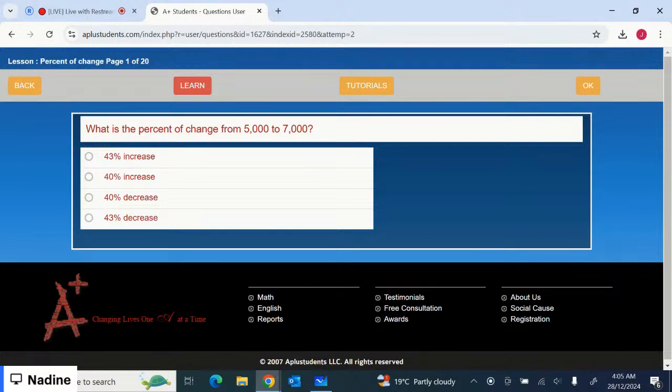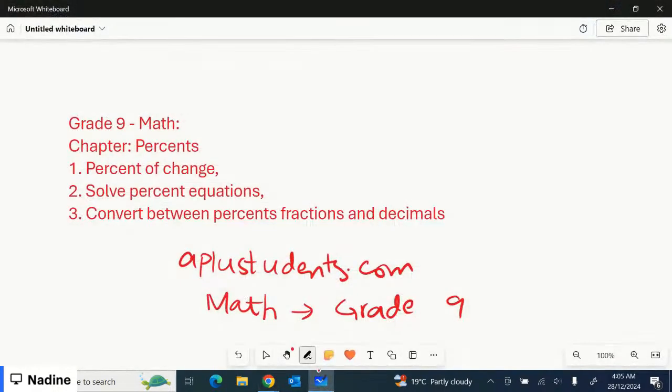What is the percent of change from 5,000 to 7,000? So 5,000 to 7,000, that is an increase.